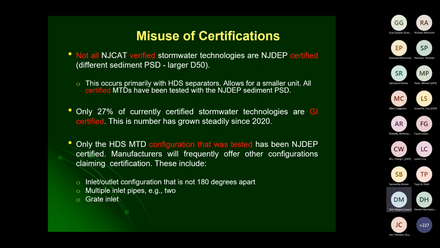Okay, and this is the other important point, only the HDS MTD configuration that was tested has been NJDEP certified. If you recall earlier, I pointed out the inlet and outlet pipes being aligned. Manufacturers will frequently offer other configurations claiming certification.